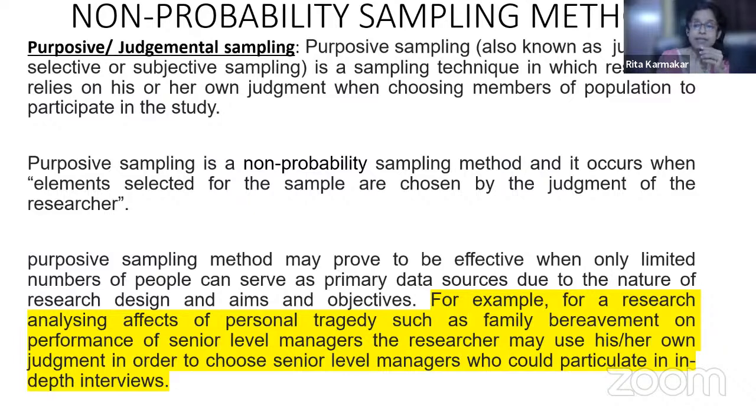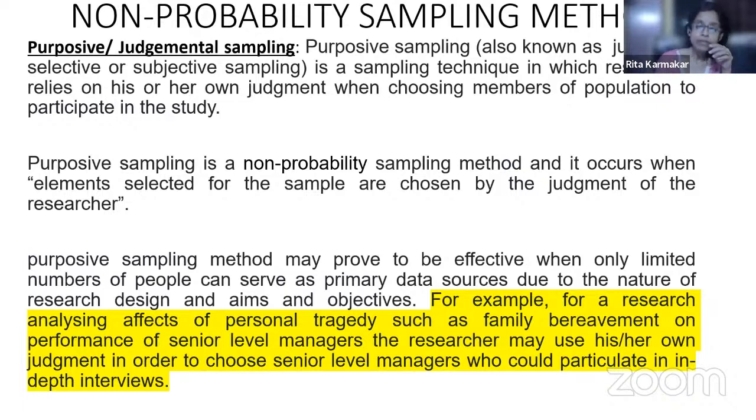As I gave you an example, there is another example given here: research analyzing the impact of personal tragedy on family members, experiencing certain tragic accidents or something like this.